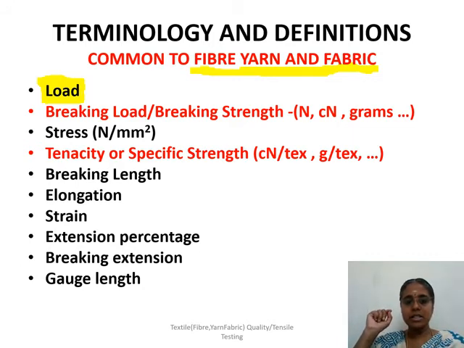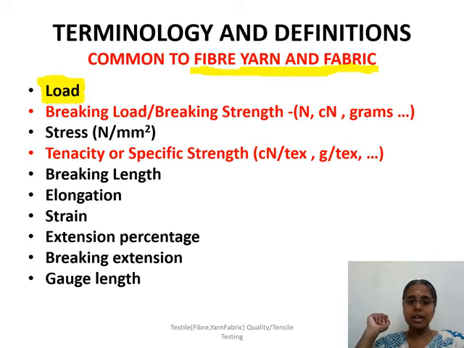Then stress is a common terminology you would have learned in your applied mechanics and physics subjects. Stress is force per unit cross-sectional area. Since we are unable to find the cross-sectional area, because of the difficulties in finding diameters that we discussed in our fiber fineness experiment, we go for fiber fineness itself.